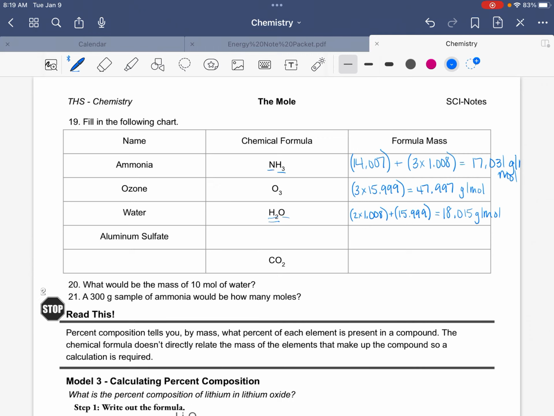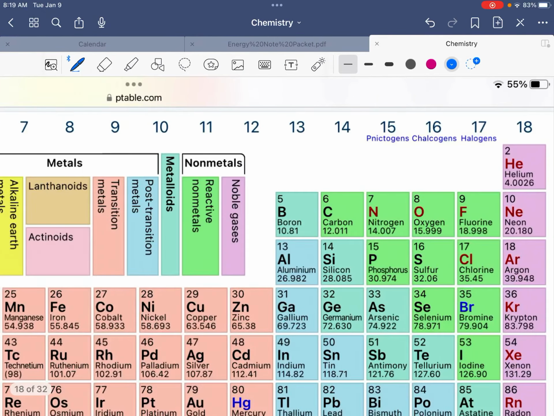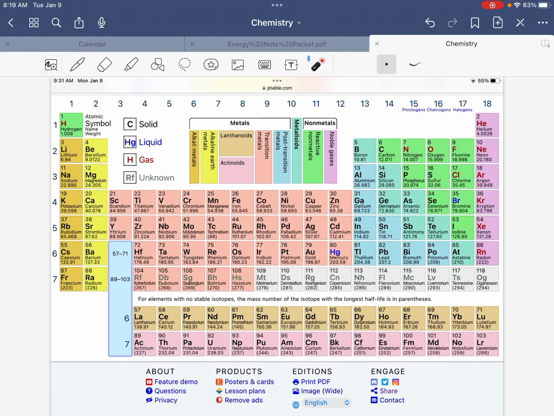For our next one, aluminum sulfate, they did not give us the chemical formula, so we have to determine the chemical formula first before we can determine the formula mass. If we look at the periodic table, in terms of the ions that we form, this is +1, this is +2, then +3, and then we have 4, which is like nothing.